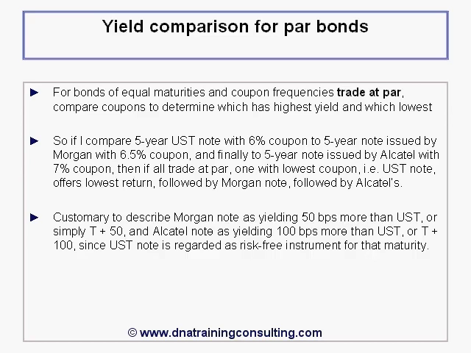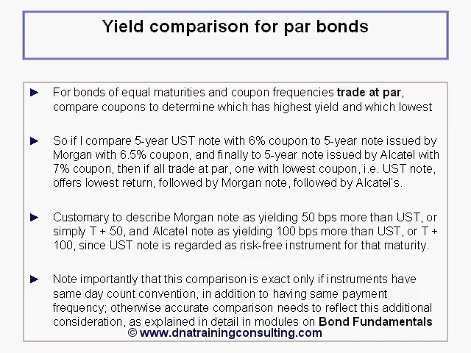It is also customary to describe the JP Morgan note as yielding 50 basis points more than the U.S. Treasury note, or more simply T plus 50, and the Alcatel note as yielding 100 basis points more than the U.S. Treasury note, or T plus 100, since the U.S. Treasury note is generally regarded as the risk-free instrument for any maturity.